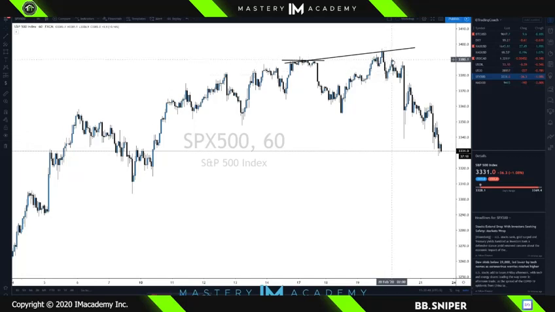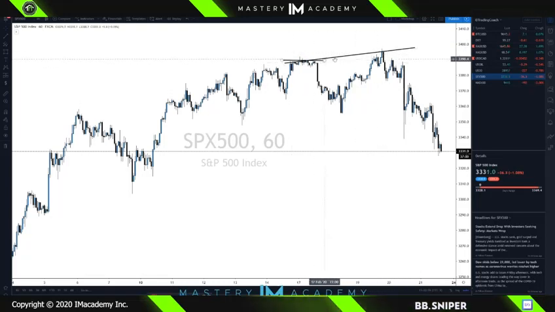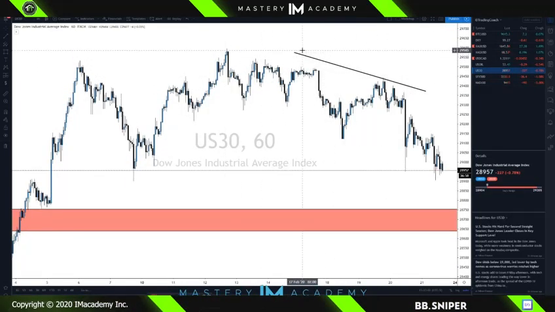And then we ultimately saw some weakness in the market and things really started to sell off into Thursday and the continuation for today. So isn't it interesting how NASDAQ had a higher high, S&P had a slightly higher high, and US 30 had a lower high?